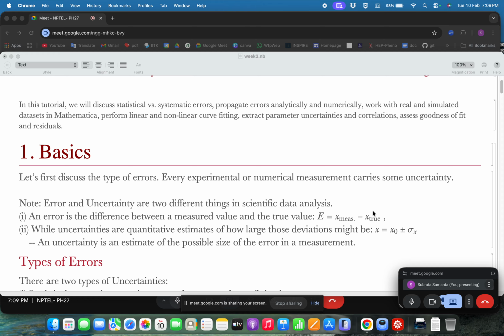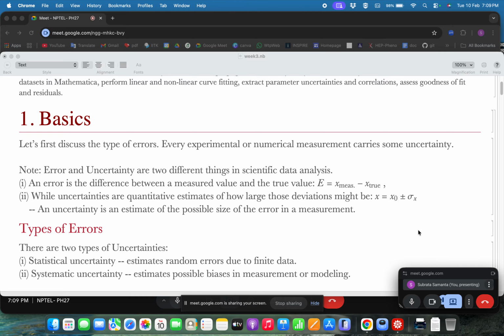So I have measured, let us say, this x, and my true value is x naught, and I can say only that my measured value is within 1 sigma or 2 sigma, within 95% probability, of the true value. So this is the way we are always talking about uncertainties.